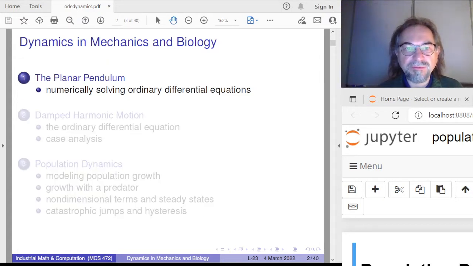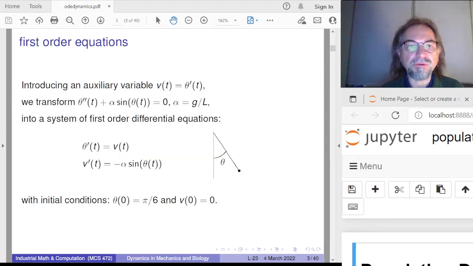I will start with the planar pendulum that I will use as an example to solve a differential equation numerically. So here is the model. In order to solve this numerically, we will have to introduce a new variable to reduce the second order differential equation to a system of two first order differential equations.